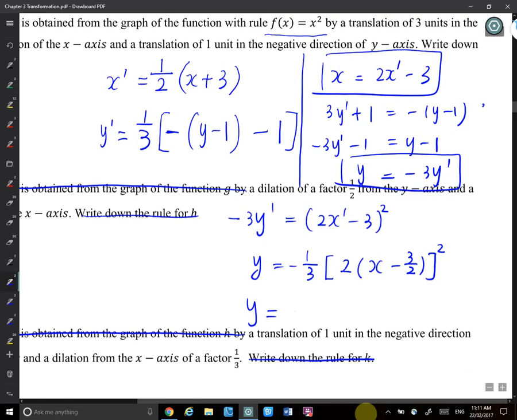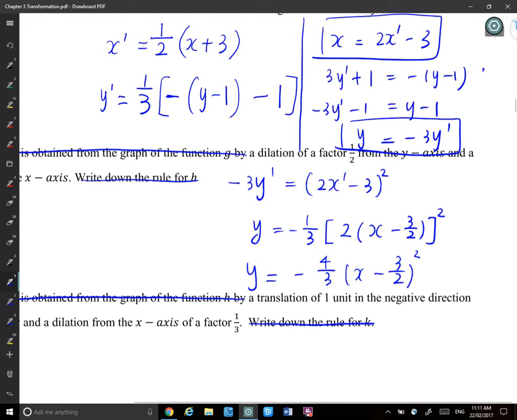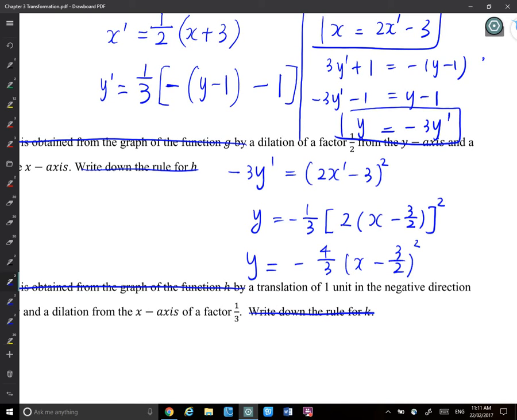Then y will be minus 4 on 3, x minus 3 over 2, then squared. Okay, 2 needs to be squared and x minus 3 over 2 needs to be squared. And times the 4 in the front, that's y equals minus 4 on 3, x minus 3 over 2 squared.